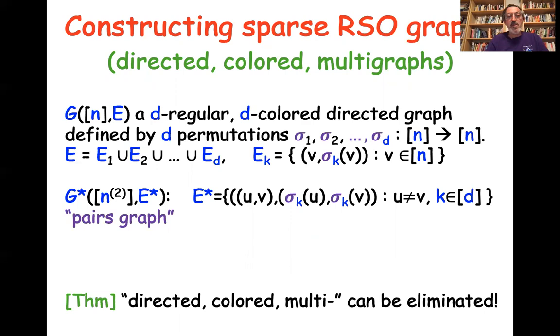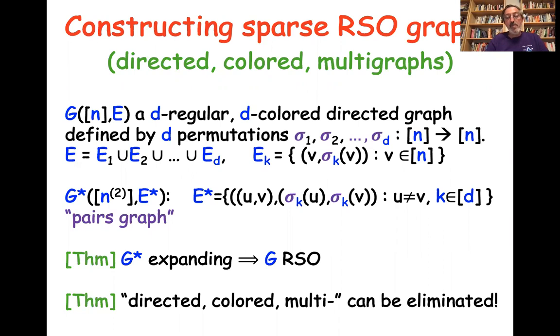So the same action on singletons in G is moved to the action on pairs in G star. So it's simply the graph of these permutations acting on the pairs. And the main theorem is that if G star is expanding, then G, the original graph, is RSO.